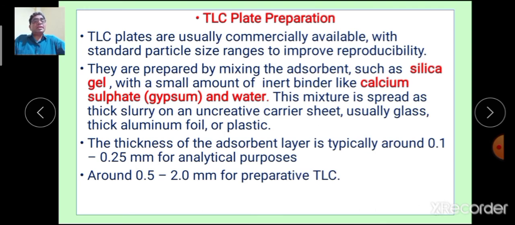The thickness of the layer is typically around 0.1 to 0.25 mm for analytical purposes, and around 0.5 to 2 mm for preparative TLC. Thus, the TLC plate is prepared by using the slurry of the gel on the plate.